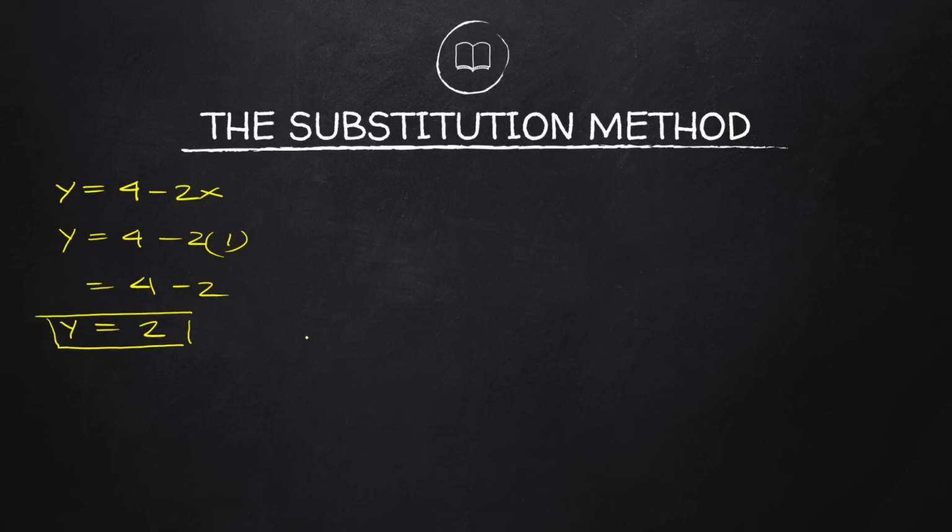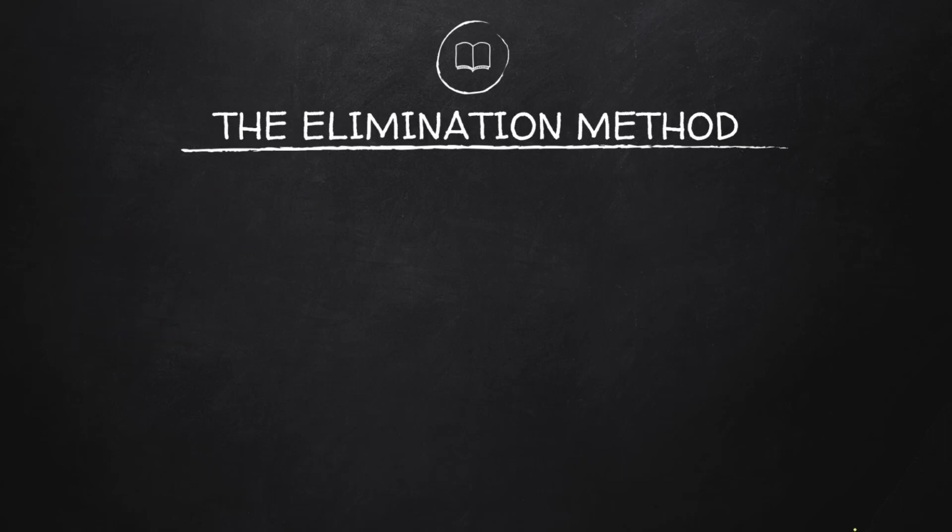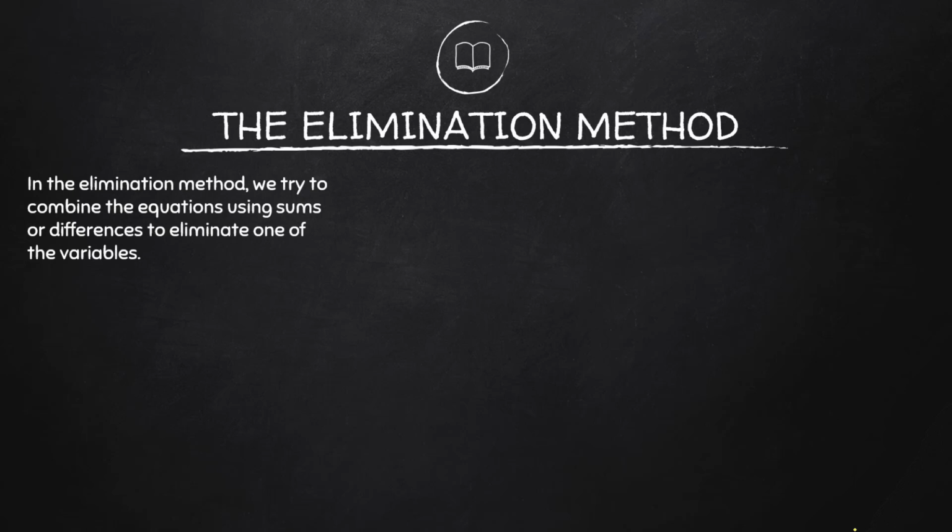So we have obtained the solution for the system of linear equations using the substitution method. We have another method in solving for the solutions of systems of linear equations, and that is the elimination method. In this method, we try to combine the equations using sums or differences to eliminate one of the variables.